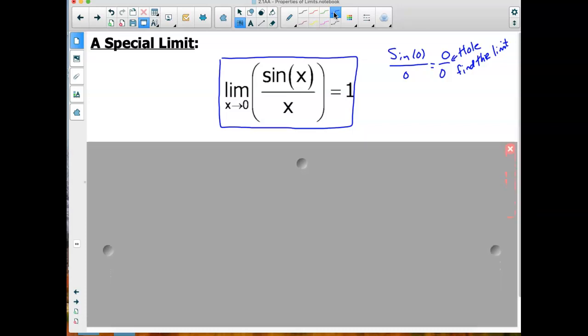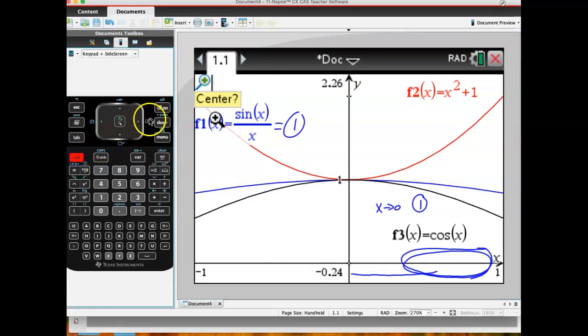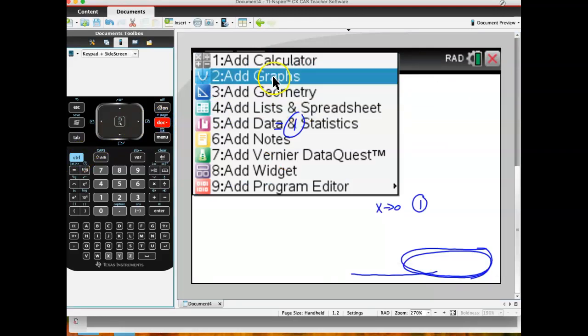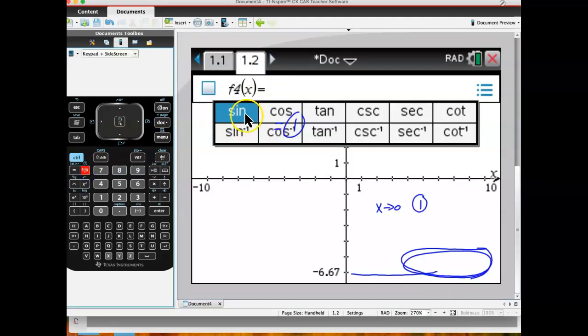And even before I do that, there's another numerical way to think about this, okay? As I look at the sine graph, I want to pull my calculator back up here, add a page, and graph just the plain old sine x.